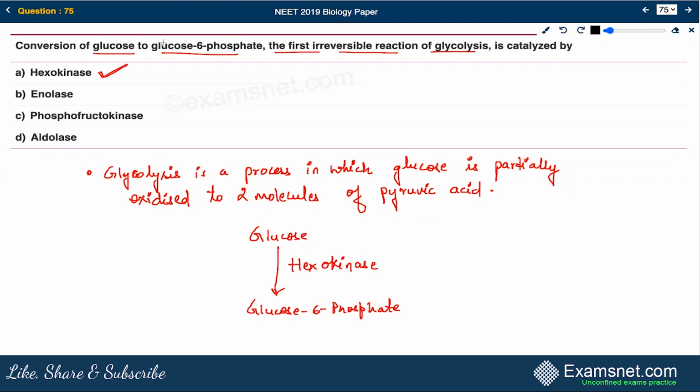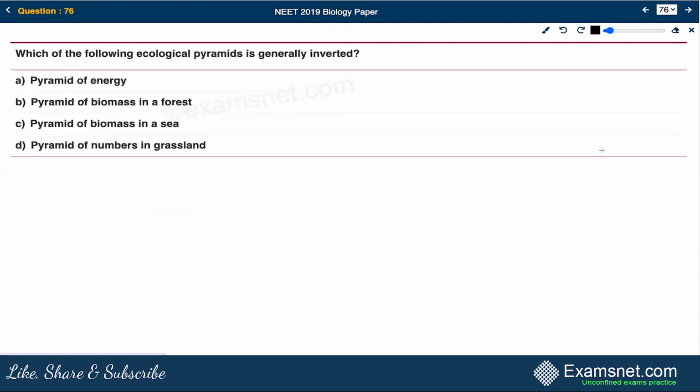Now, next question is question number 76, which says which of the following ecological pyramids is generally inverted? The very first option is pyramid of energy. We all have seen that pyramid of energy is never inverted.